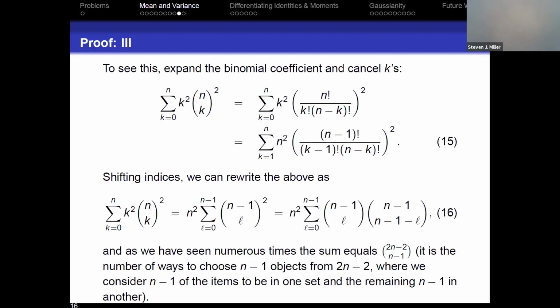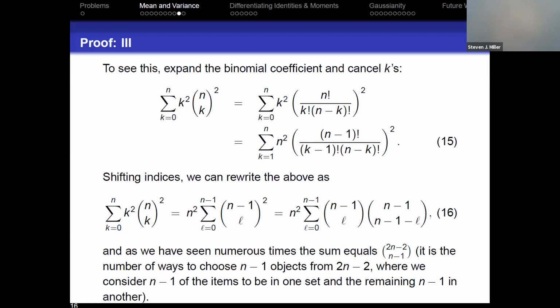And so now we shift indices, and we can rewrite it as n squared times n minus 1 choose L. And we can write that as very similar, because we're squaring things, as n minus 1 choose L times n minus 1 choose n minus 1 minus L. Well, we've seen this numerous times. This is choosing n minus 1 people from 2n minus 2 people.